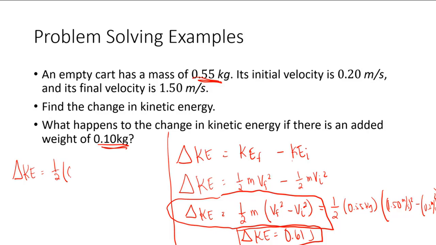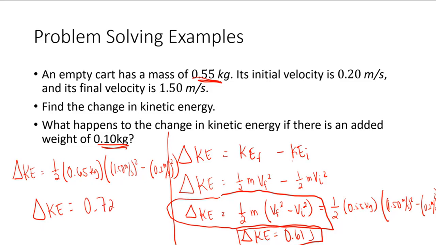That means you have a total mass of 0.65 kilograms multiplied by the final velocity, which is 1.50 meters per second squared minus 0.2 meters per second squared. So what would be the value of the change in our kinetic energy? Garcia. 0.72 joules. Okay, so 0.72 joules.